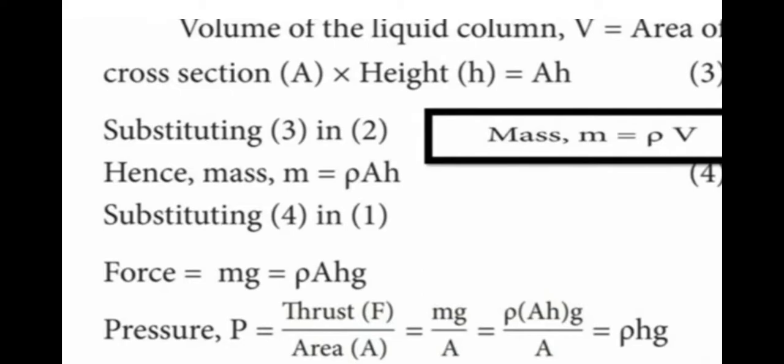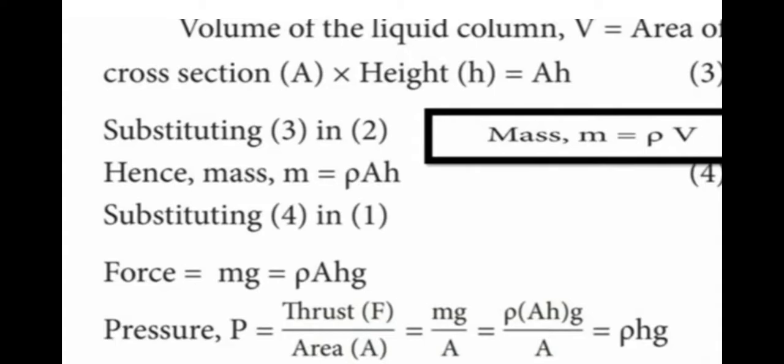Multiplying these two, we get the volume of the liquid column. We take that as equation number 3.